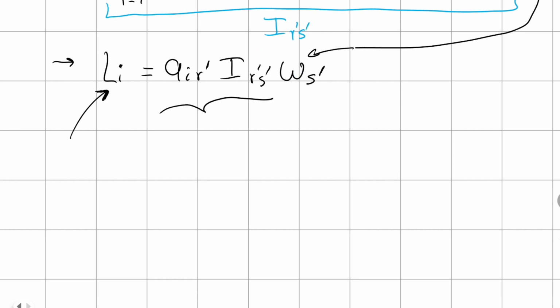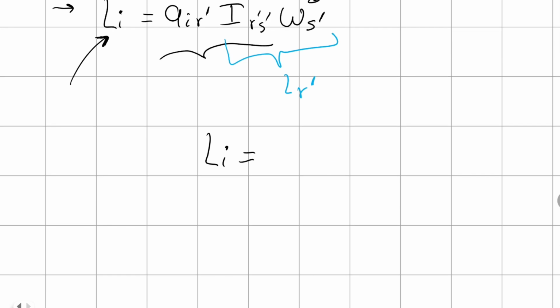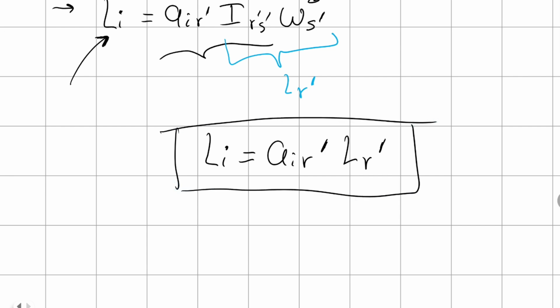If we define, for example, that this is the component of the angular momentum, let's say L_R', but of course in the prime basis, we can just say that the angular momentum is transformed with this change of coordinates given by this equation over here. Remember again that this is the transformation matrix.